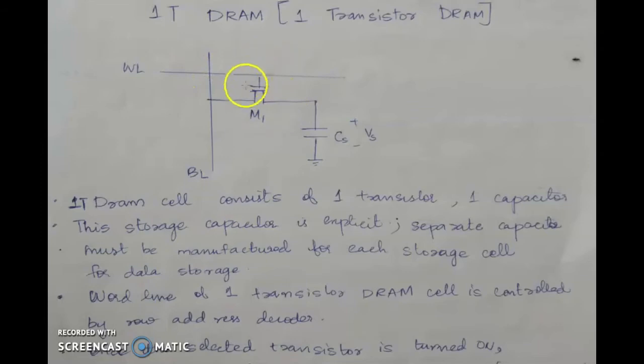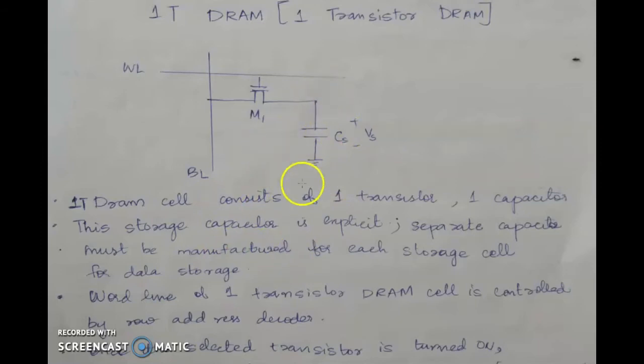It is this transistor which connects the bit line to the capacitor. Whenever a read or write operation takes place, we need to activate this word line. Then only this transistor is on and the bit line is connected to the capacitor, so that you can either read or modify the stored charge across the capacitor.